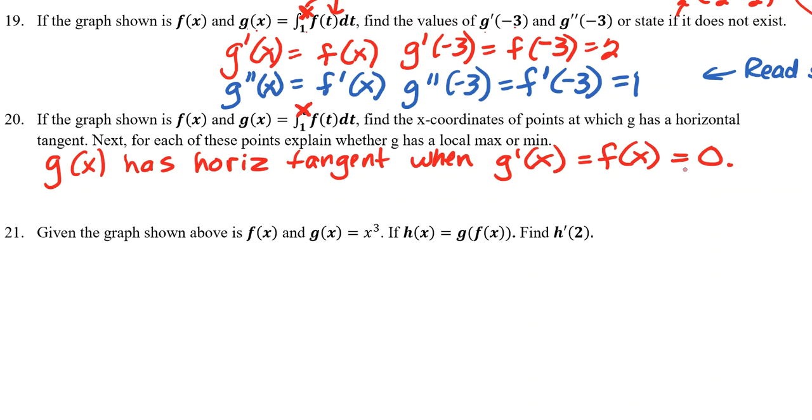So we can look at our graph and find out where is our f of x graph equal to 0, and that is at x equals -1, and when x is equal to +1. Oh, and then it says explain whether g has a local max or min.